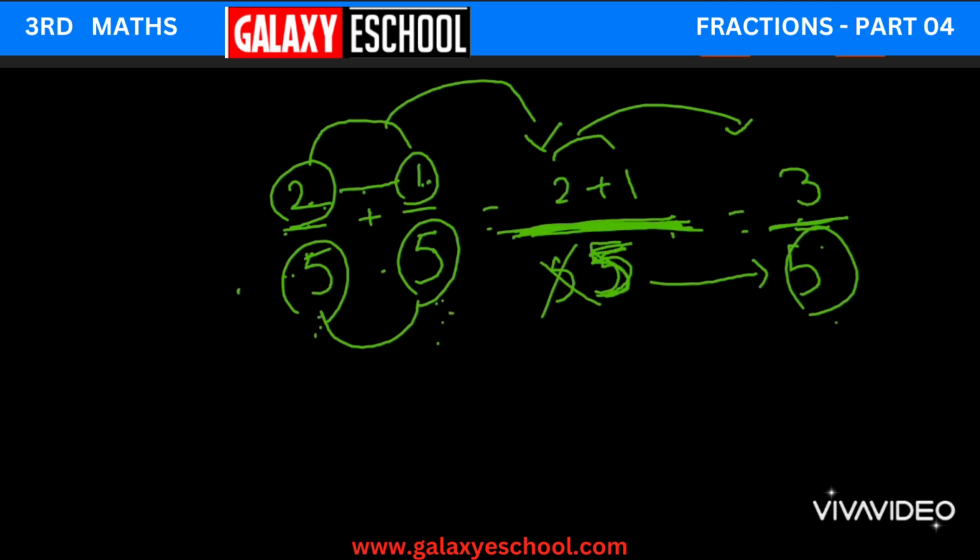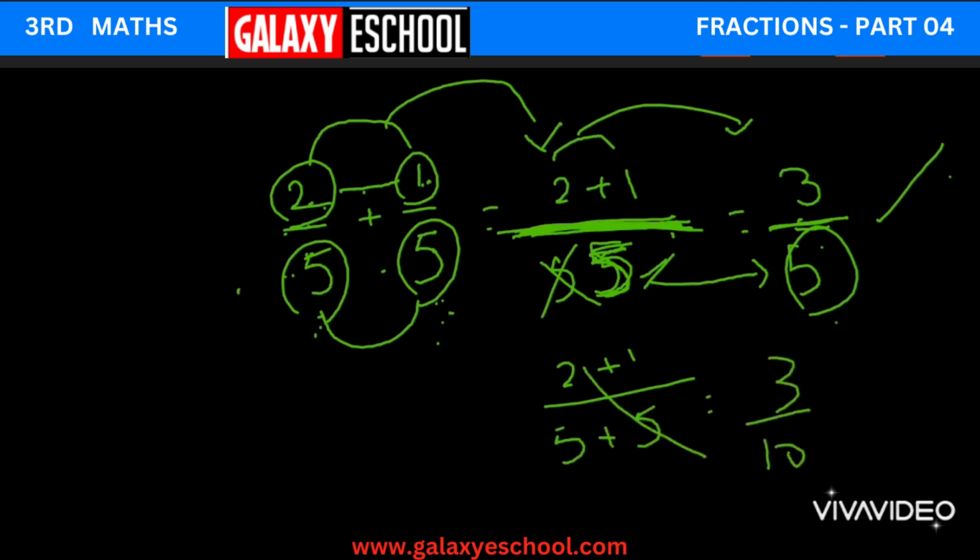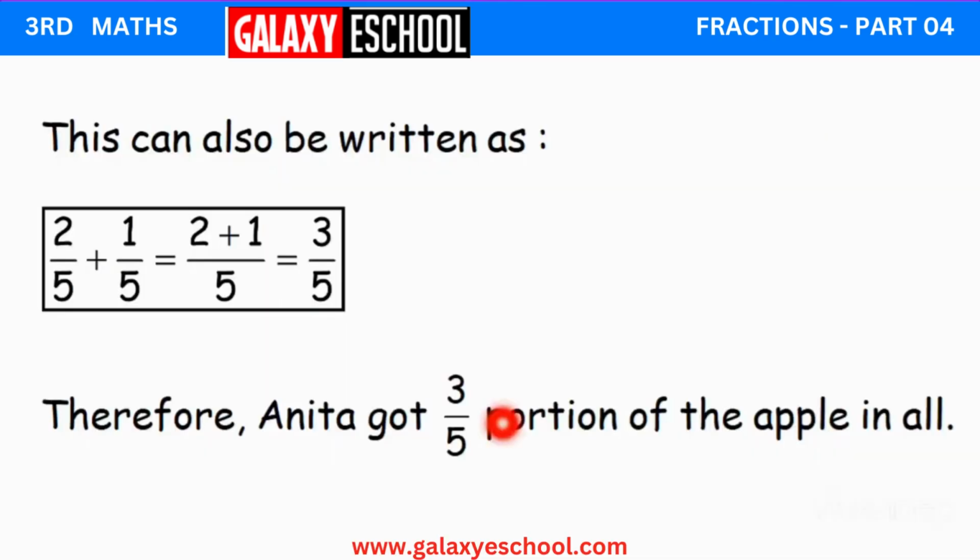Instead of writing 2 denominators, we are writing only 1. 3 by 5 is the correct answer. 2 plus 1 divided by 5 plus 5, that is equal to 3 by 10, is not our correct answer. We need to just write one single denominator. 2 plus 1, 3 divided by 5. That's it.